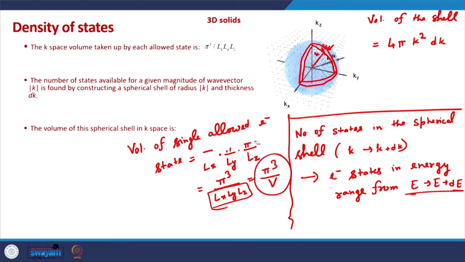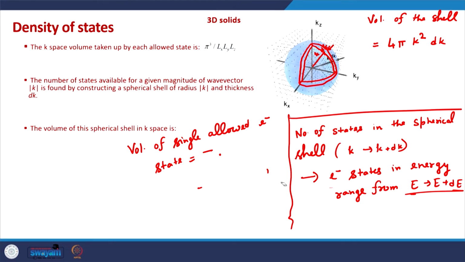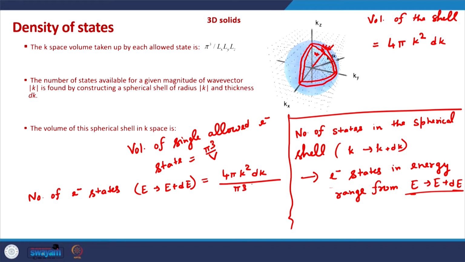The volume of a single electronic state is pi cube by V. So, the number of electronic states in the energy range from E to E plus dE will be 4 pi k square dk divided by pi cube by V.